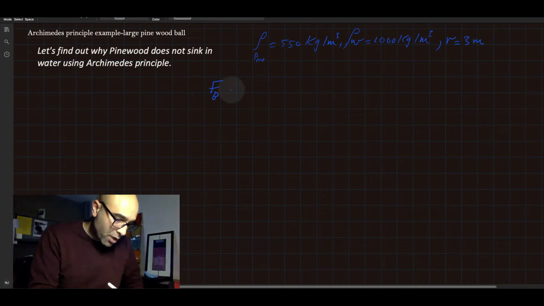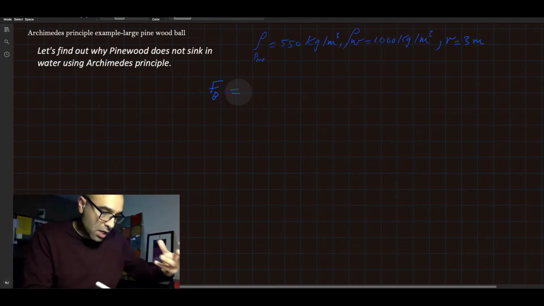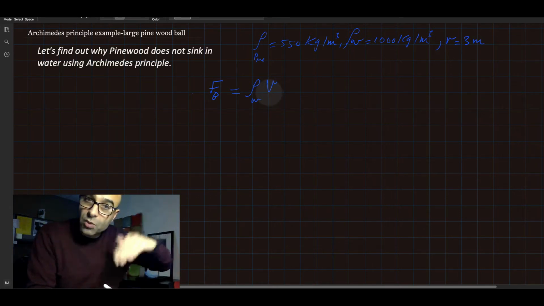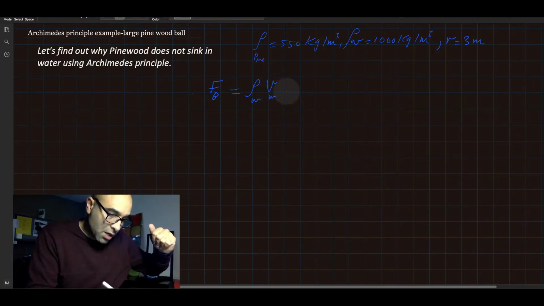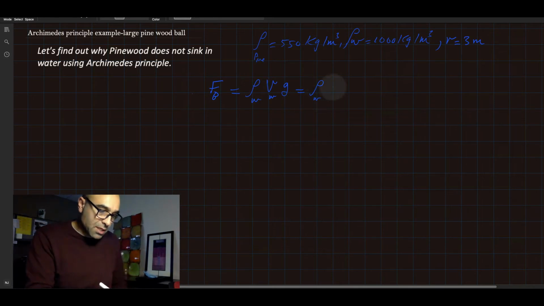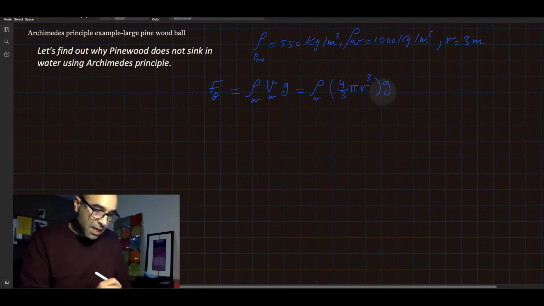So the buoyant force is equal to the weight of the displaced fluid. The displaced fluid is water, so you have to say rho water times the volume of the displaced fluid as if it was submerged, which is water, and then the g. Now this equation becomes the density of water times the volume of a sphere, which is 4 over 3 pi r cubed, and g comes back as it is.